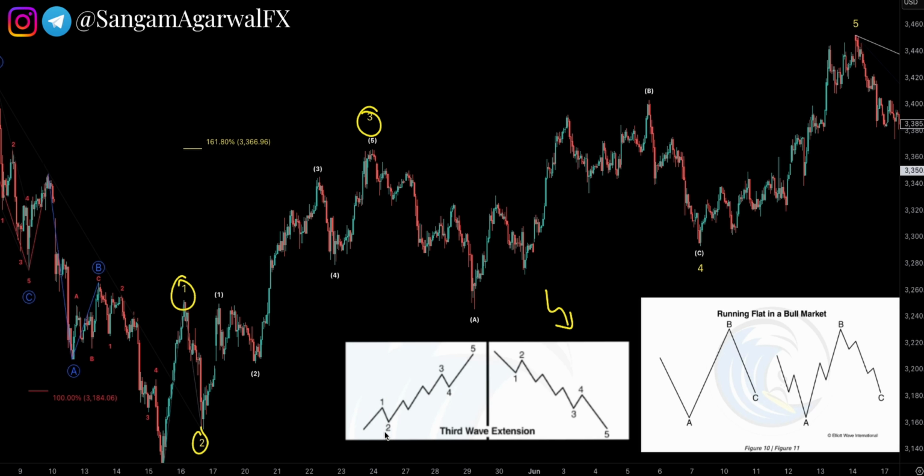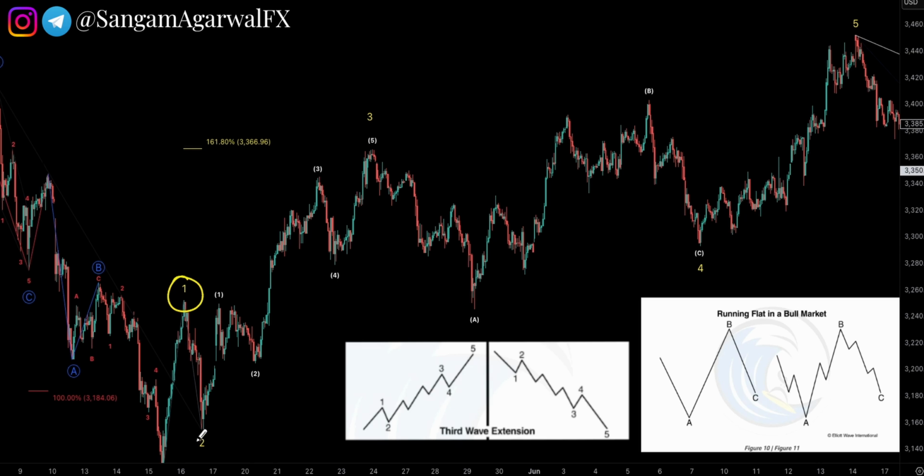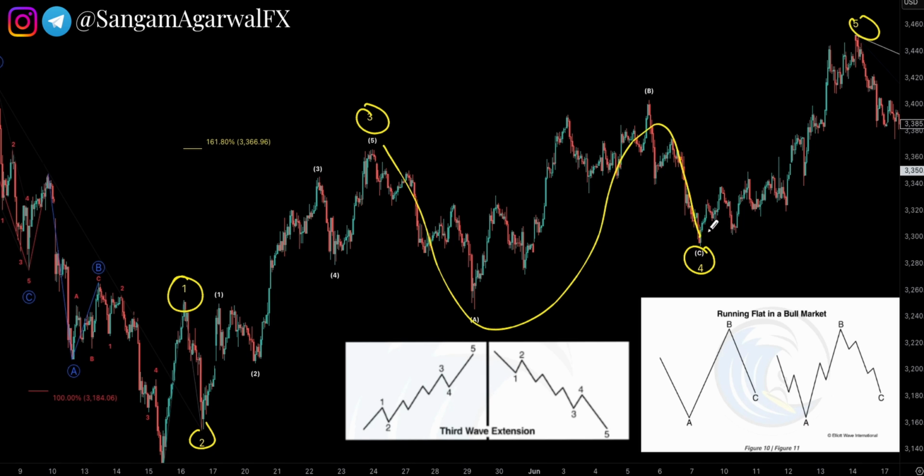Third wave extension subdivided into three waves same like the book, ABC running flat correction same like the book, then fifth impulsive wave new range high. Because here we are only using wave counting, 5 impulsive waves with a running flat correction in wave C, no chart pattern.